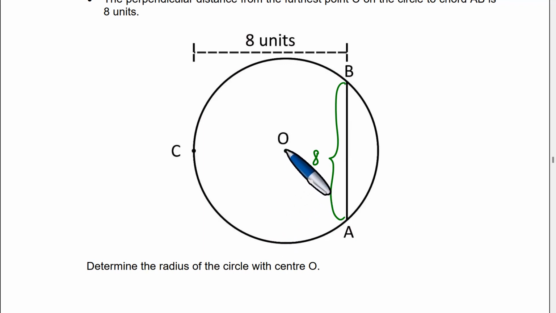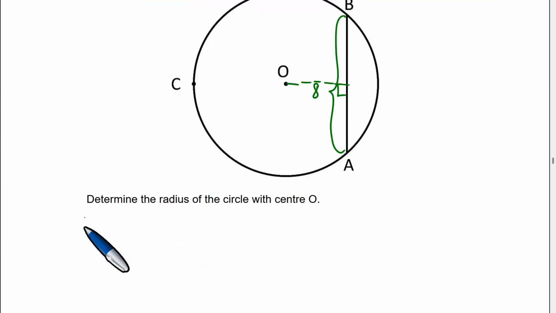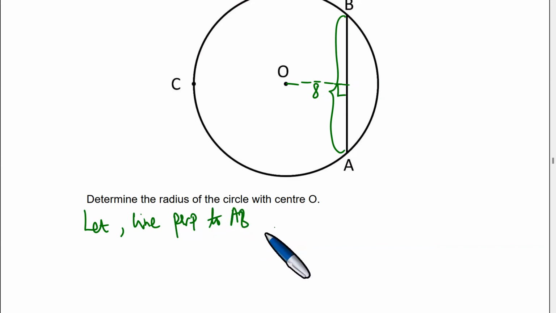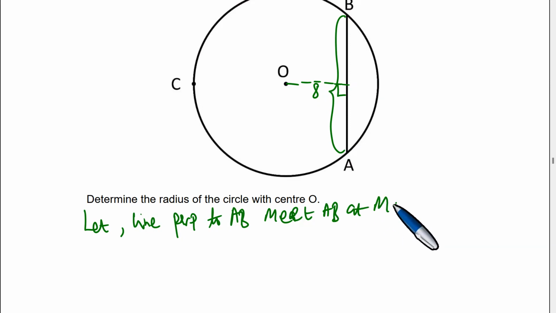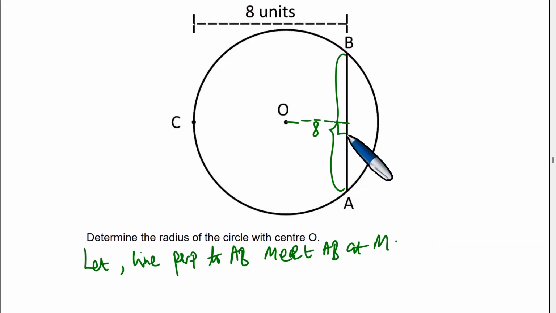Line perpendicular to AB meet AB at, you can call this one M, like so.